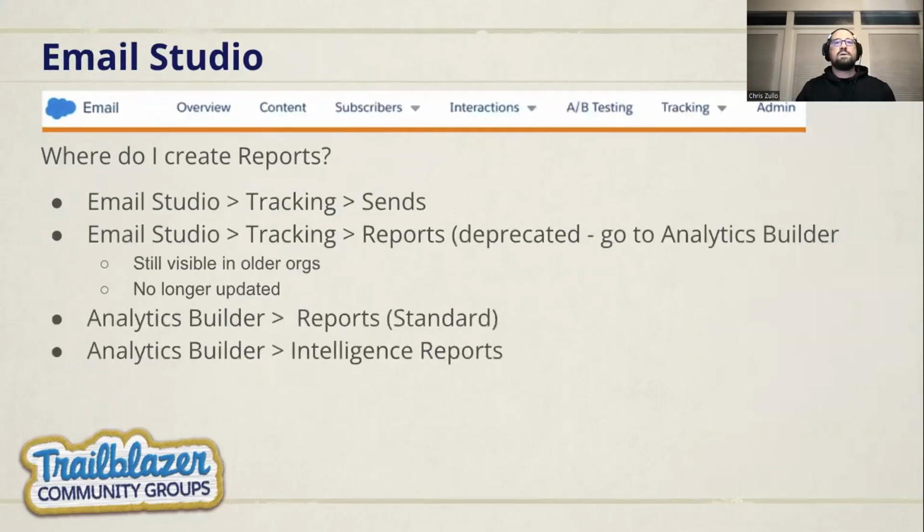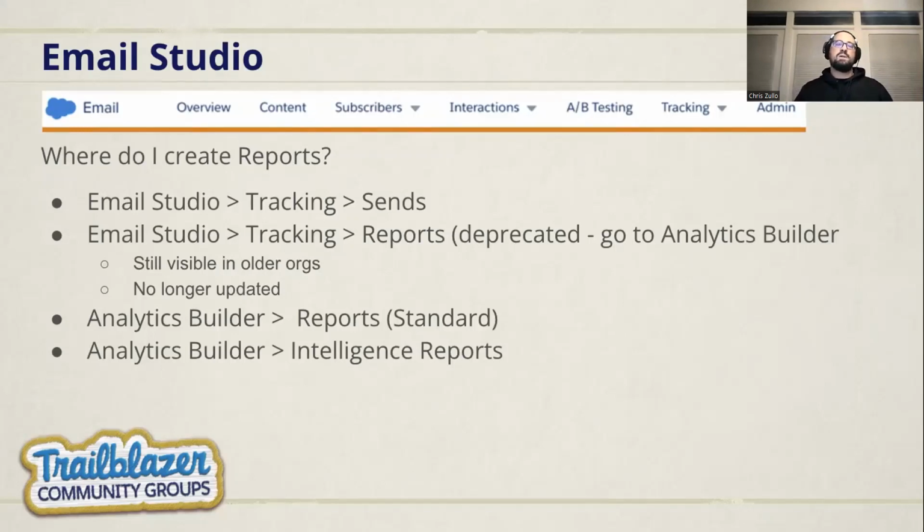Okay, and so Email Studio, which is sort of the OG of Marketing Cloud, still technically has reporting capabilities. Generally you should go to Analytics Builder for a majority of your reporting needs, but there are still a couple of ways that you can quickly look at some analytics within Email Studio.